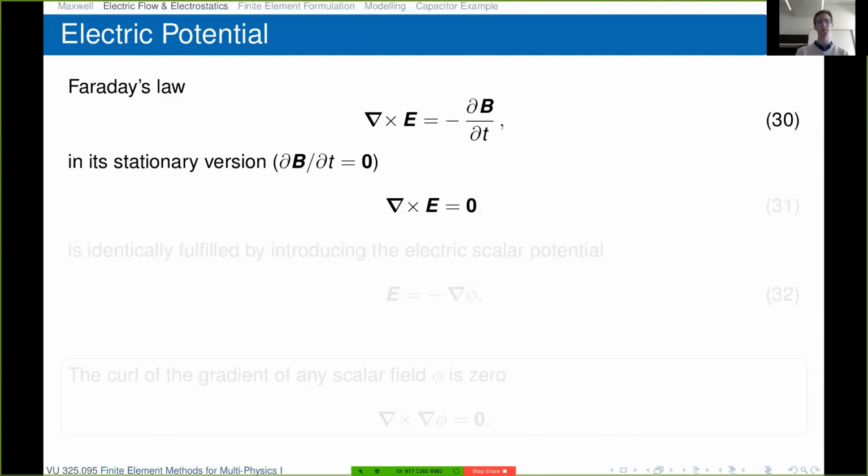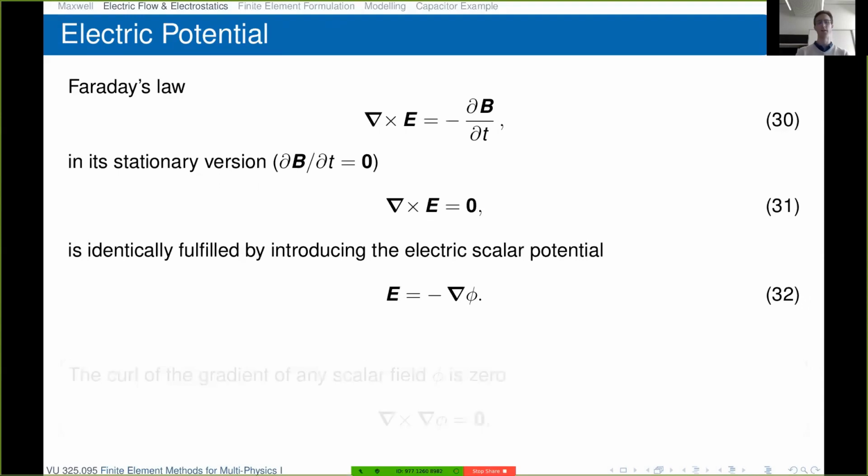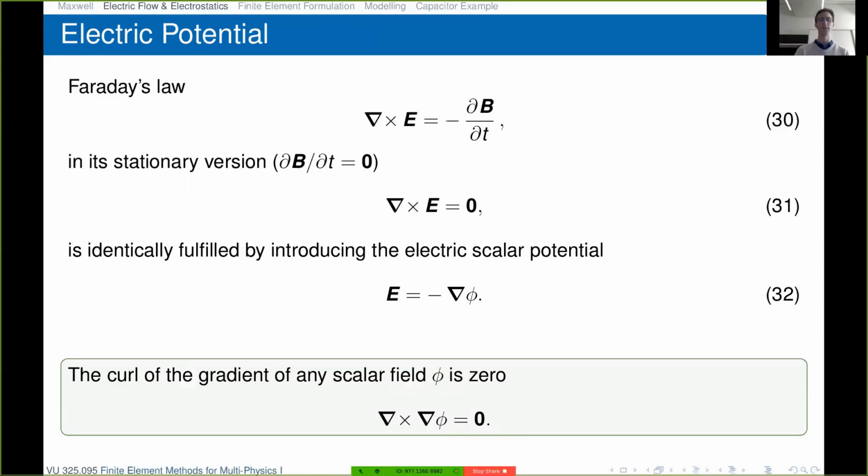And this, we can see, is identically fulfilled if we introduce the so-called electric scalar potential phi, and if we simply define the electric field by the gradient of this potential. Due to convention, we use the minus sign. So E is minus gradient of phi. And why is the equation identically fulfilled? Simply by the calculus relation that the curl of a gradient is 0 all the time.